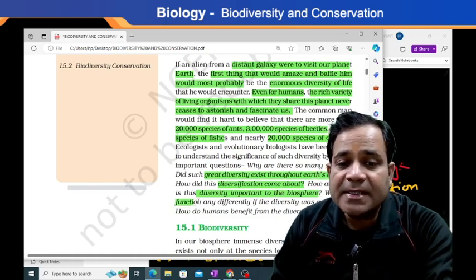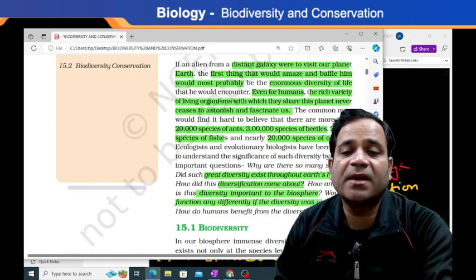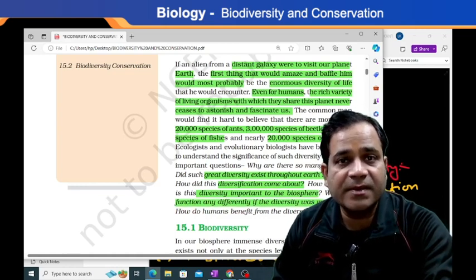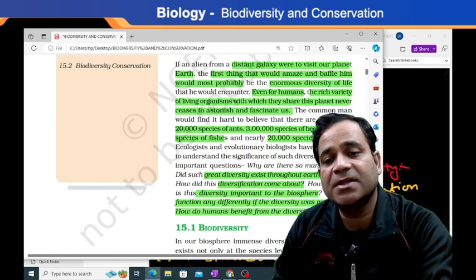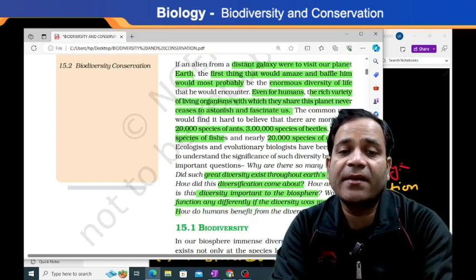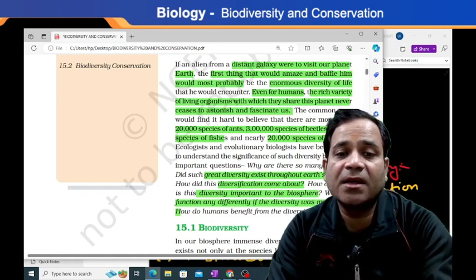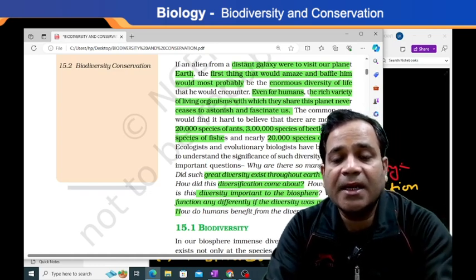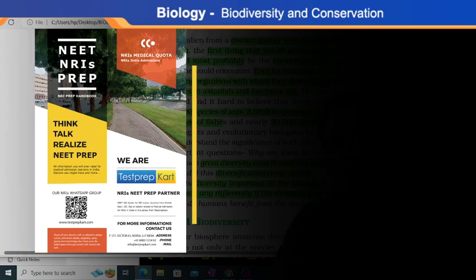Would it function any differently if the diversity was much less? How do humans benefit from diversity of life? These are the questions that arise in the minds of ecologists and evolutionary biologists.